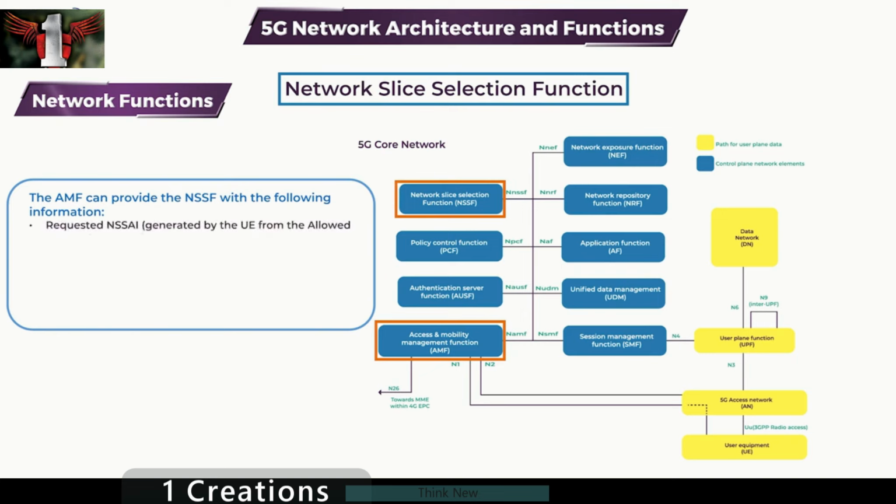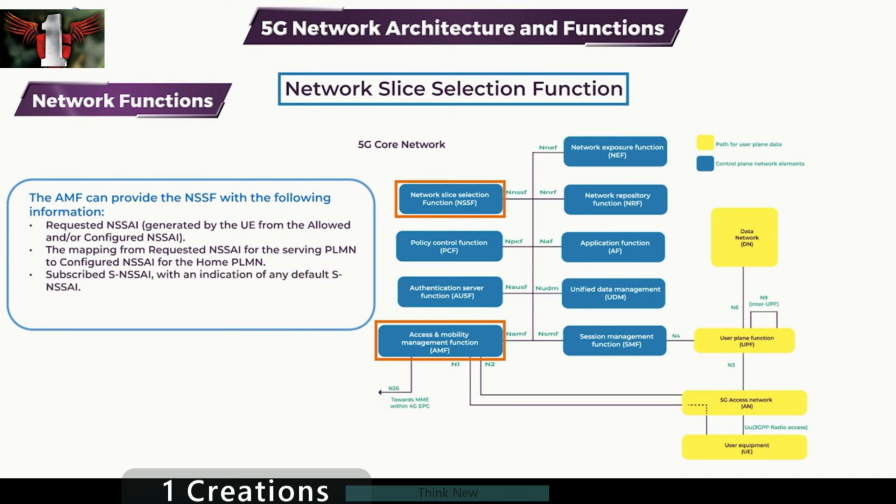First, requested NSSAI generated by the UE from the allowed and or configured NSSAI. Second, the mapping from requested NSSAI for the serving PLMN to configured NSSAI for the home PLMN. Third, subscribed S-NSSAI with an indication of any default S-NSSAI.